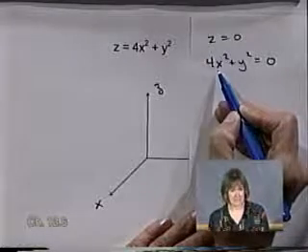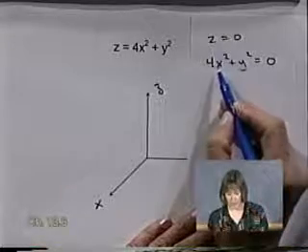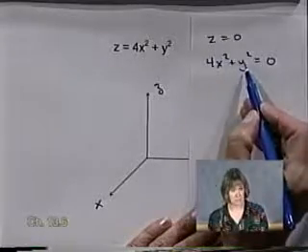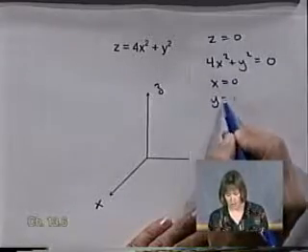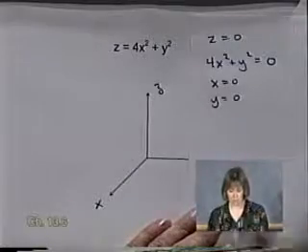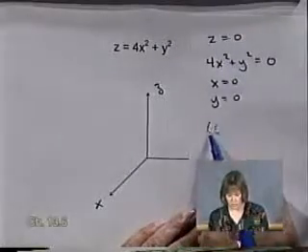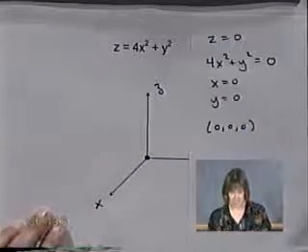X squared's positive or 0. Y squared's positive or 0. The only way positive or 0 plus positive or 0 can add up to 0 is if I make both x and y be 0. Anything else, you're going to be bigger than 0. So when z is 0, the only point that works is x is 0, y is 0, z is 0. It's just the origin.